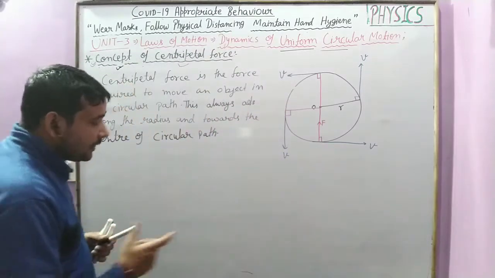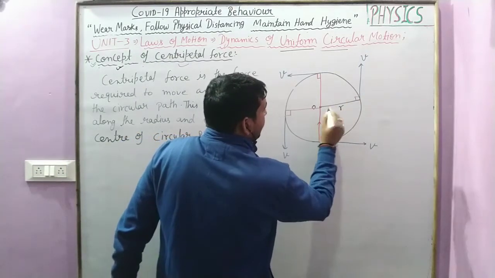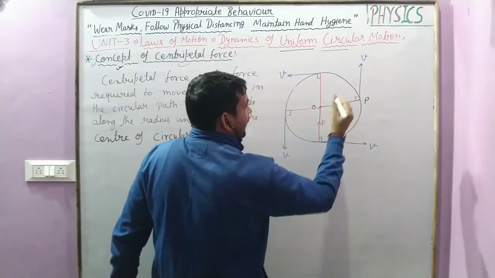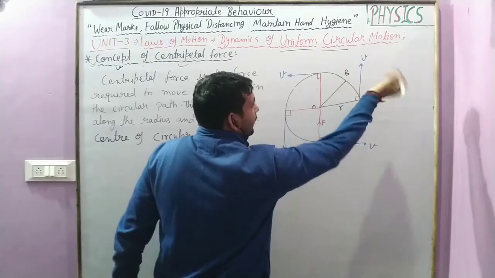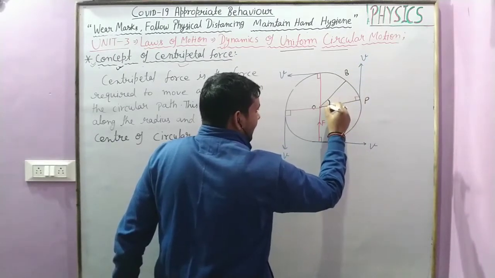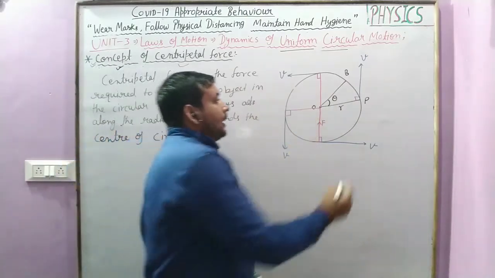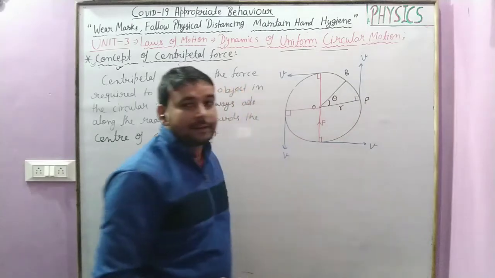As we learned earlier, if a particle is initially at point P and after some time it reaches point B, it sweeps an angle by this arc PB at the center.